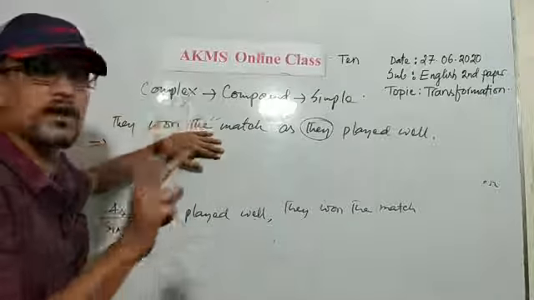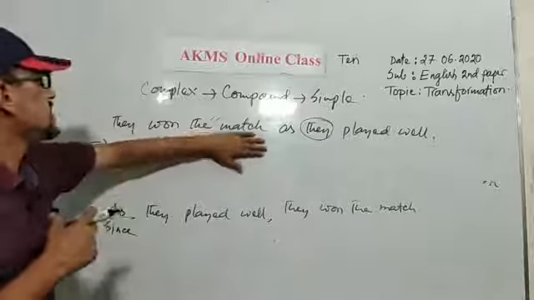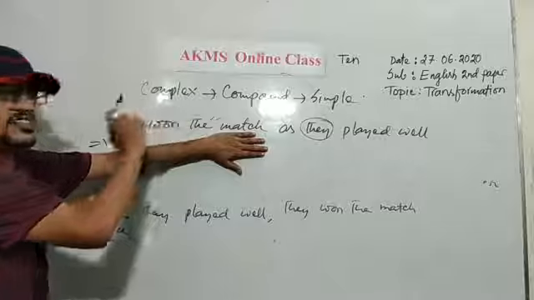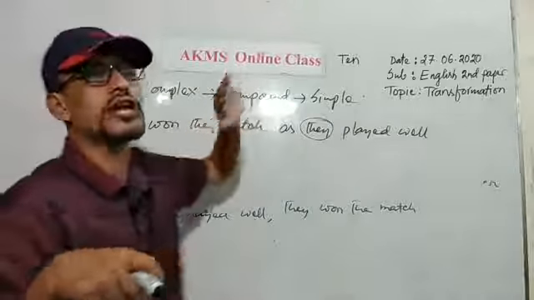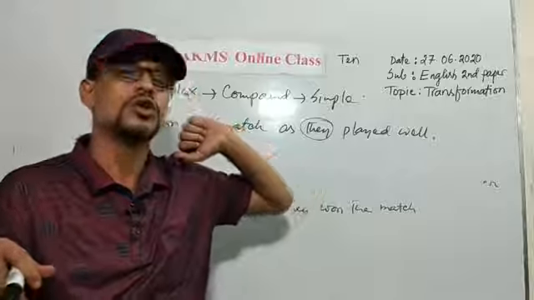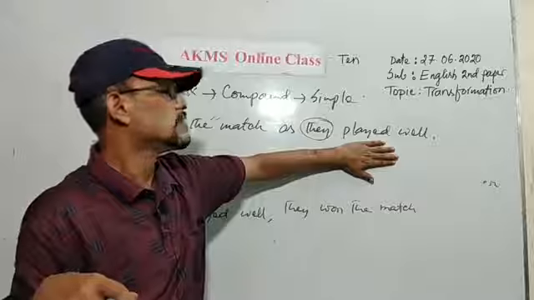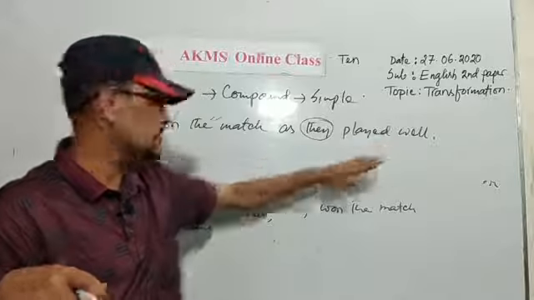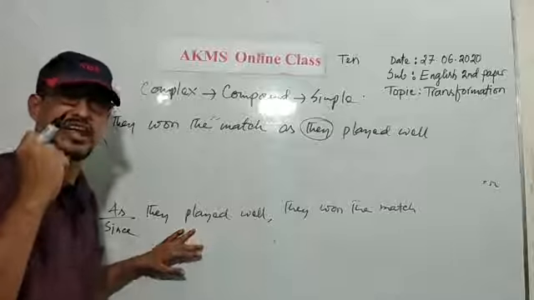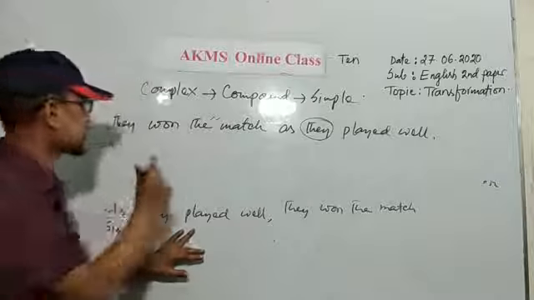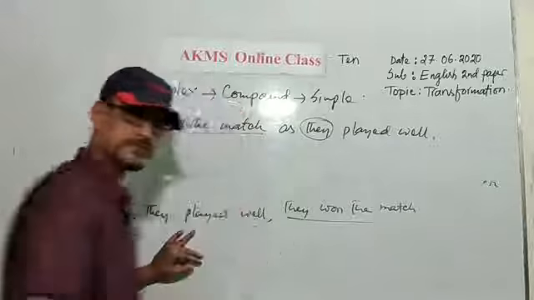I have no ability to take a hand on the principal clause, but I have the ability to change the subordinate clause. And which is the subordinate clause? After the connector, it is the subordinate clause. I have the strength to change this, but I have no power to change the principal clause.